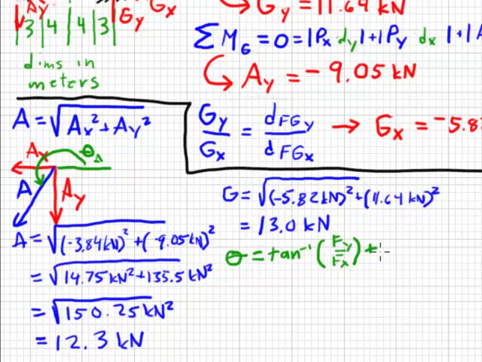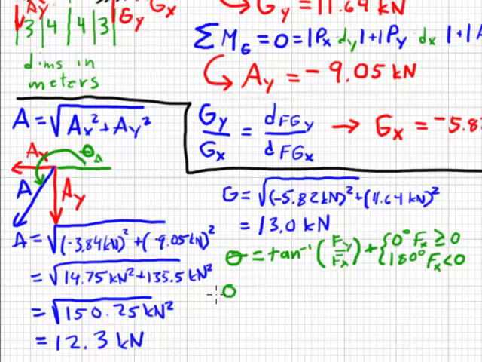It will assume that any negative is a negative in the y direction, hence giving a false value. So we need to add something to it to remember our calculator's limitations. We're going to add 0 degrees if the force in the x direction is greater than 0, simply if it's positive. And we need to add 180 degrees if Fx is less than 0.